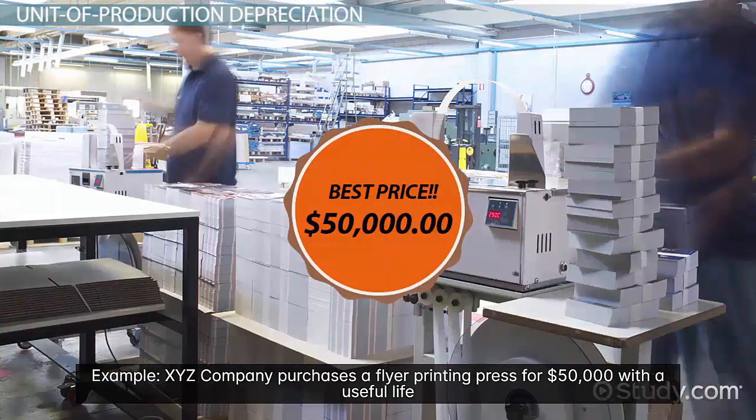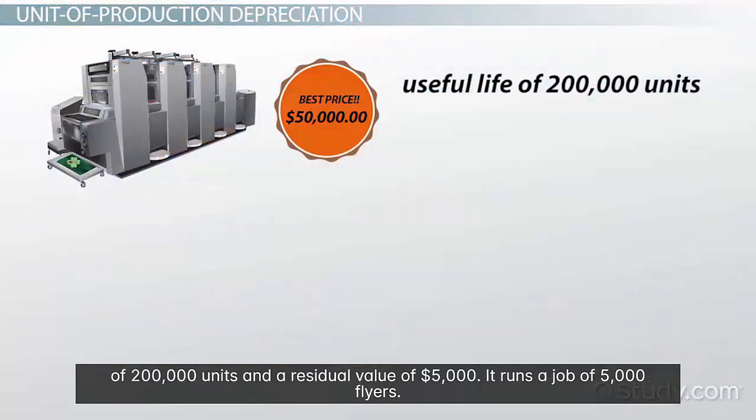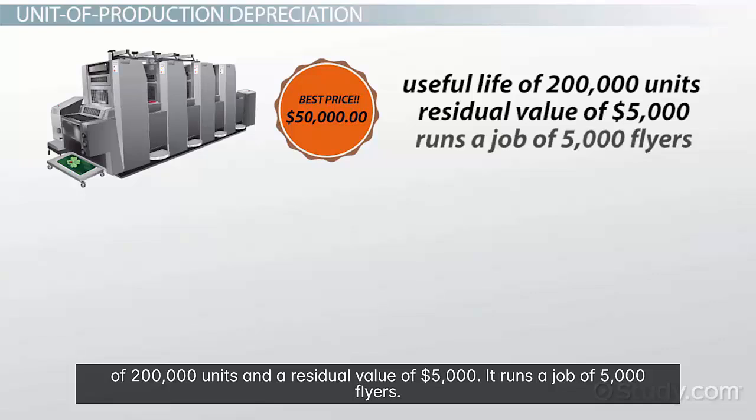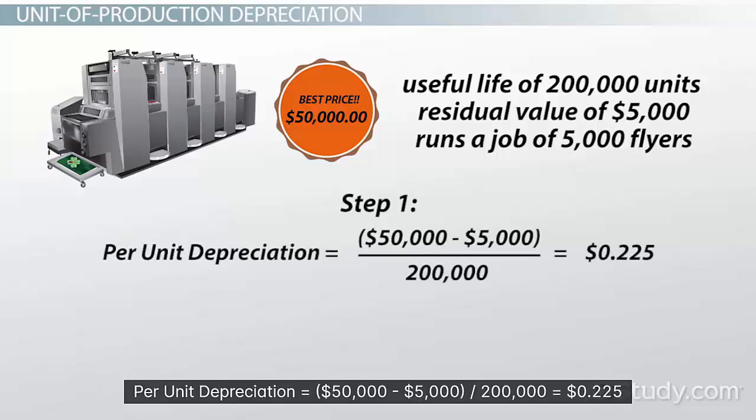Example, XYZ Company purchases a flyer printing press for $50,000 with a useful life of 200,000 units and a residual value of $5,000. It runs a job of 5,000 flyers. Step 1. Figure depreciation expense for each flyer produced. Per unit depreciation, $50,000 minus $5,000 over 200,000 equals $0.225.